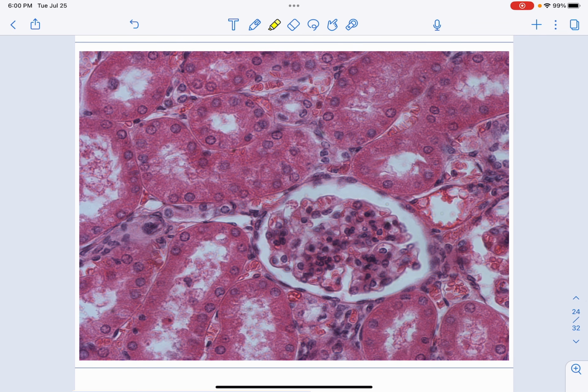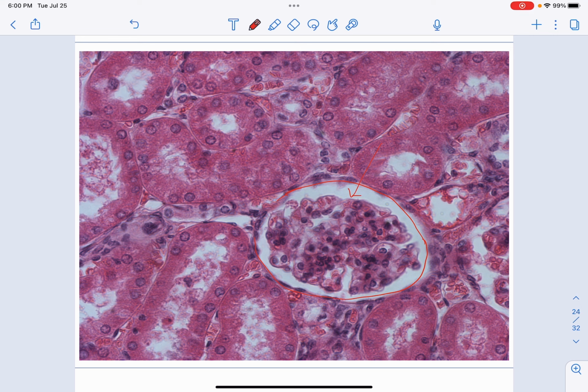We're going to look at the histology of the kidney, and you're going to be able to make out these beautiful Bowman's capsules with the glomerulus on the inside. You can see the capsule on the outside, and you can see this glomerular capillary network in the middle.